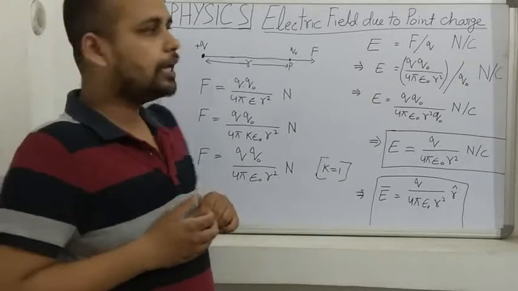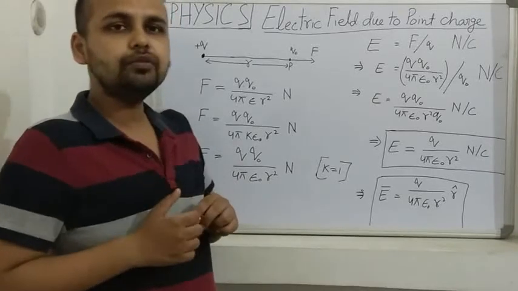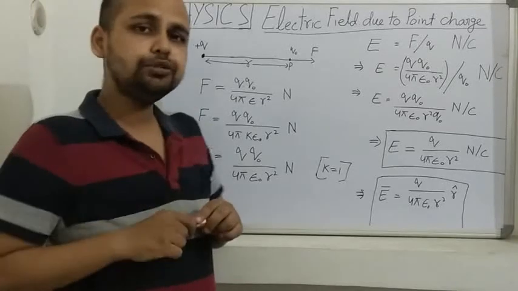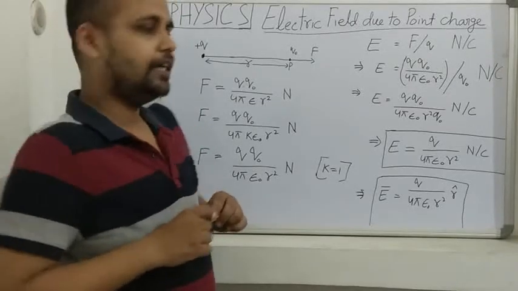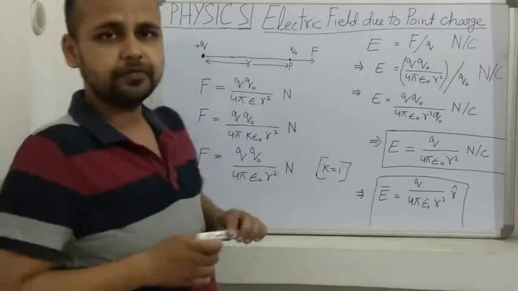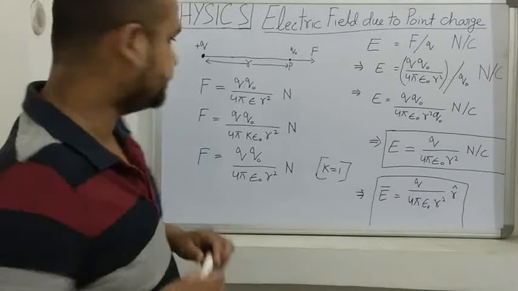After that, we'll apply the formula E is equal to force upon the charge, which I have told you in the previous video. And then we can easily find the electric field at the point P. So let us see how it will be done here.